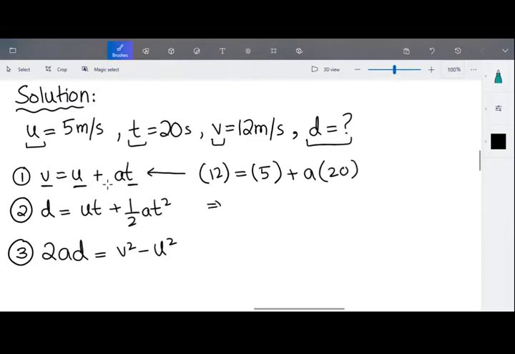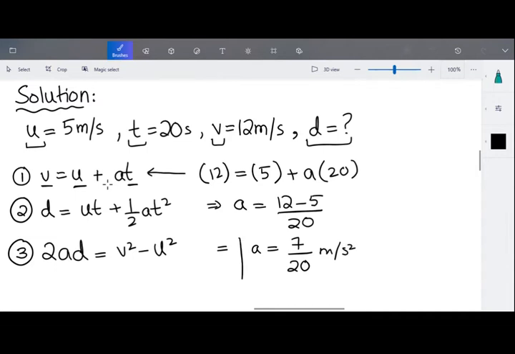If we rearrange this, we get 12 minus 5 over 20 equals a, which is just 7 over 20 meters per second squared. So that's our value for a.